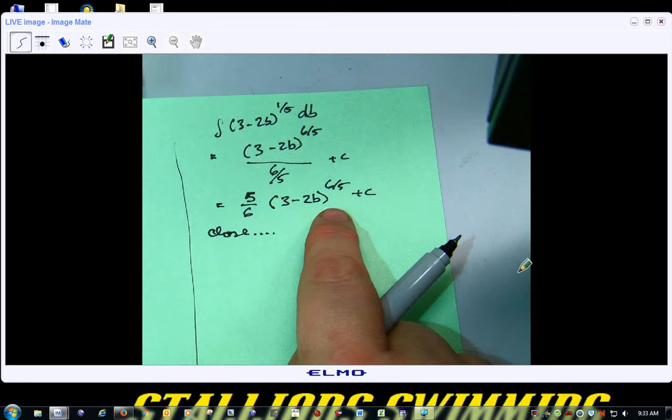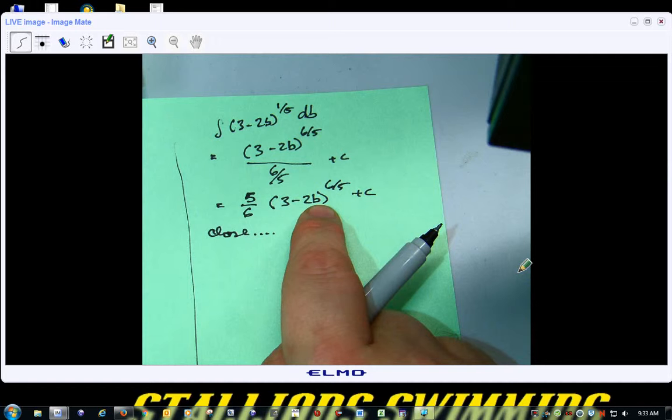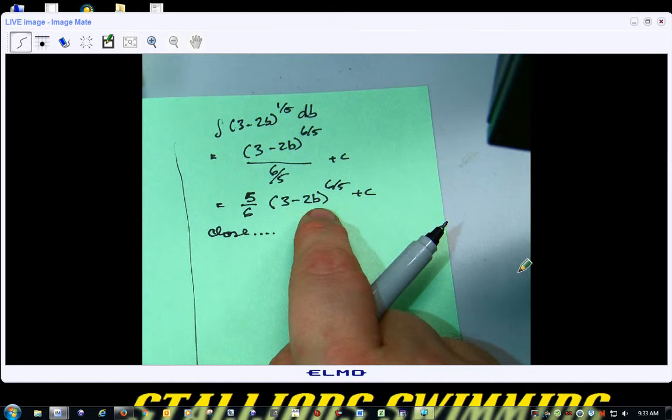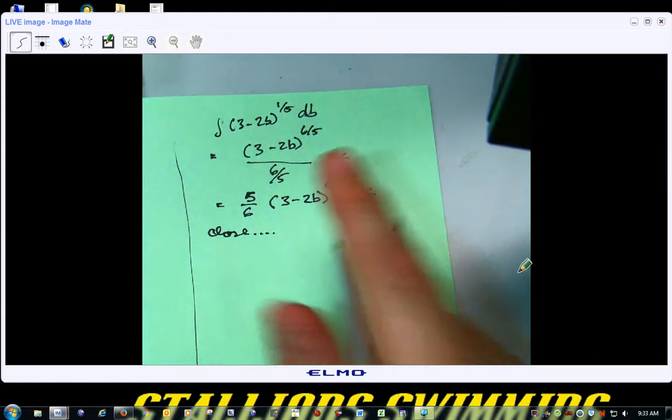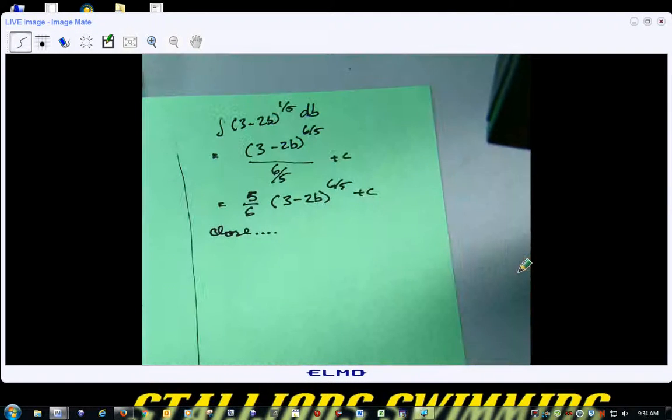Because this is all to the 6th, everything in here is to the 6/5 power. But we're close. Because you're dividing by 6/5, so you have to multiply by the reciprocal, 5/6. You're getting there.